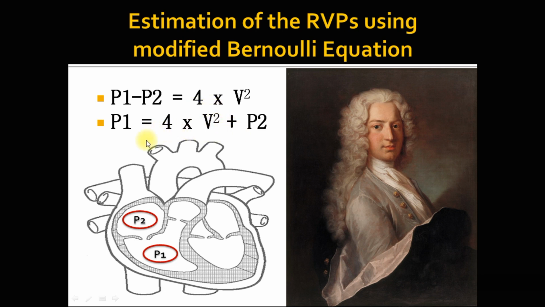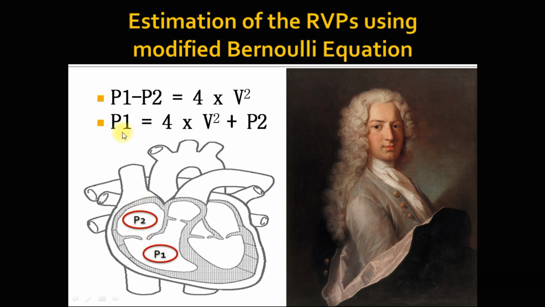What is P1? What is V? What is P2? P1 is the pressure in the right ventricle, the right ventricular systolic pressure. P2 is the right atrial pressure. And V is the maximal velocity of the tricuspid regurgitation jet between the right ventricle and the right atrium.